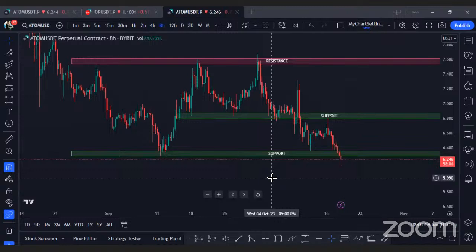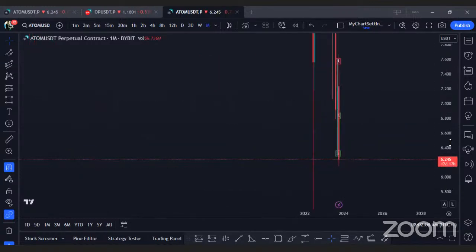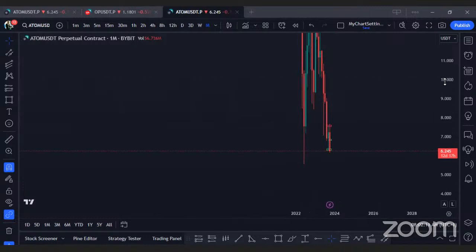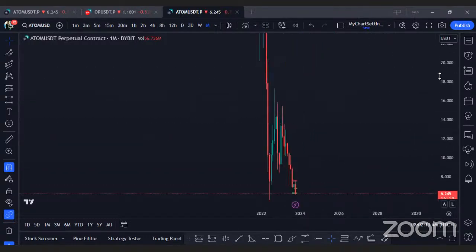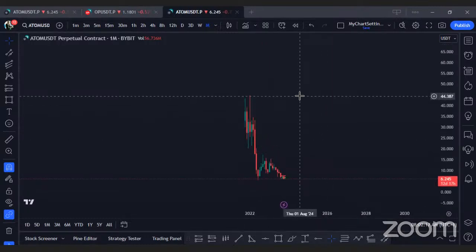For those of you who are into spot trading, if you believe in the Atom project and want tokens that you can buy and hold, you can start looking at buying Atom right now at anything between this $6 and that $5 level. Because if Atom does go and create another all-time high, that could be anything above $50.